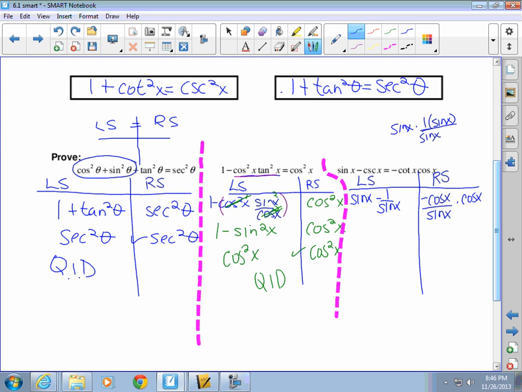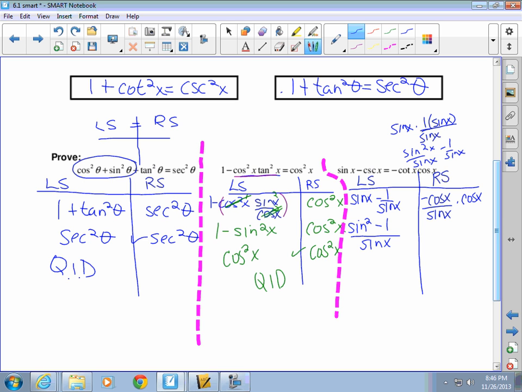So whatever I do to the top, I have to do to the bottom. So this becomes sine squared x minus 1, and now these will both be over a denominator of sine x. So all I've done is I've taken my sine x times 1 times sine x over sine x, so that's sine squared x over sine x, and this already was 1 minus sine x. So they have a common denominator. I can put them over 1.